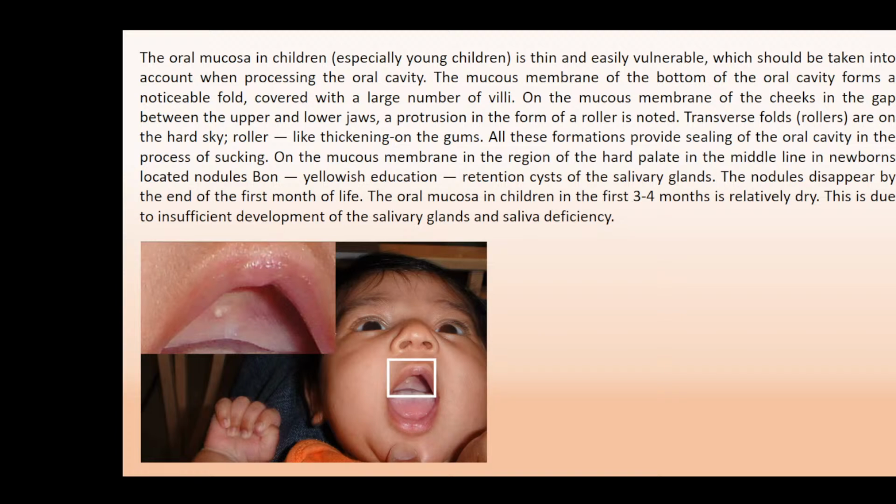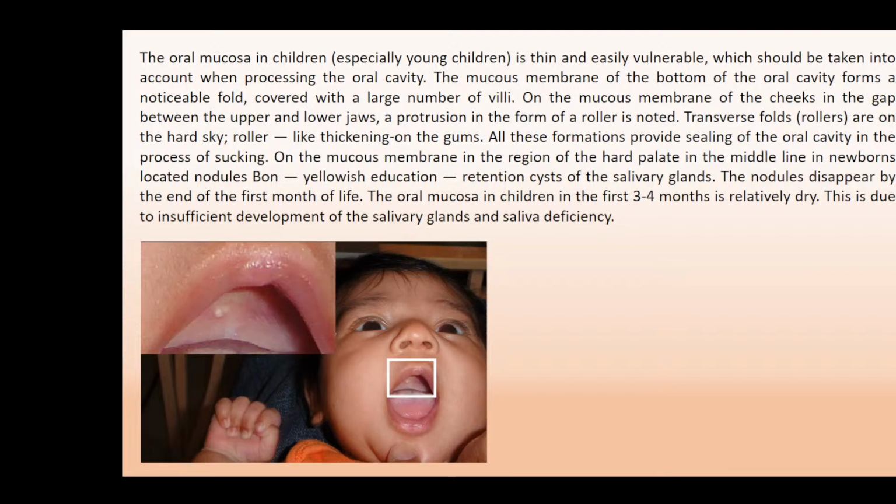On the mucous membrane in the region of the hard palate, in the midline in newborns, are located bone nodules, yellowish formations, retention cysts of salivary glands. The nodules disappear by the end of the first month of life.